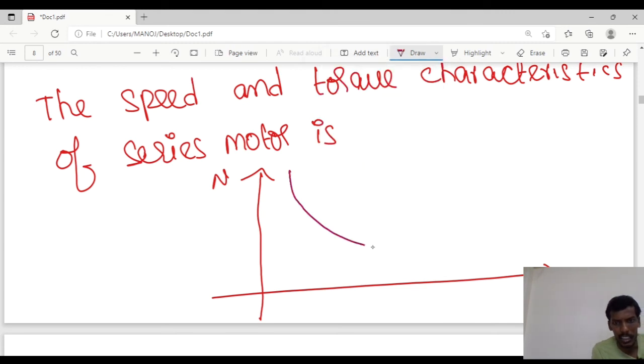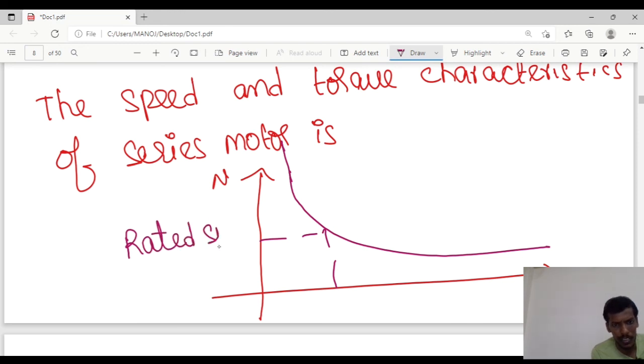It can be represented like this, and this is the rated speed and rated torque.